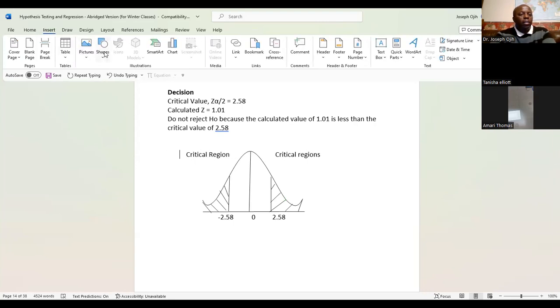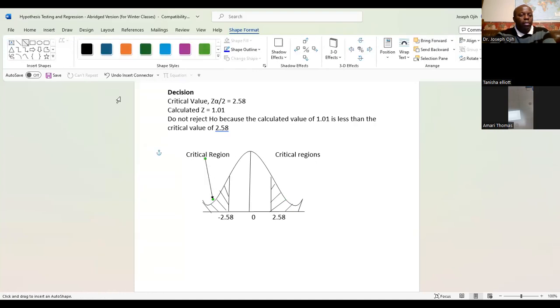One is on the left side, which is negative, and the other is on the right side, which is positive.